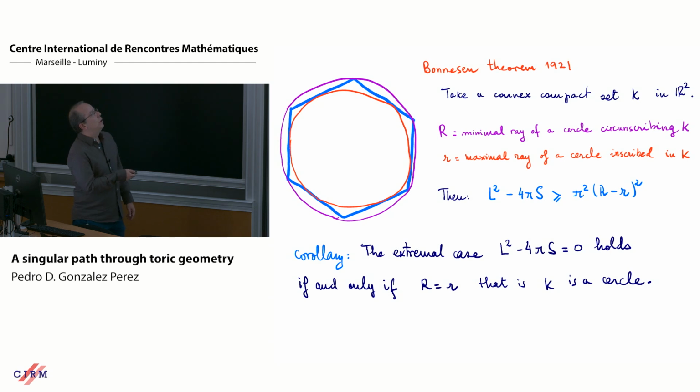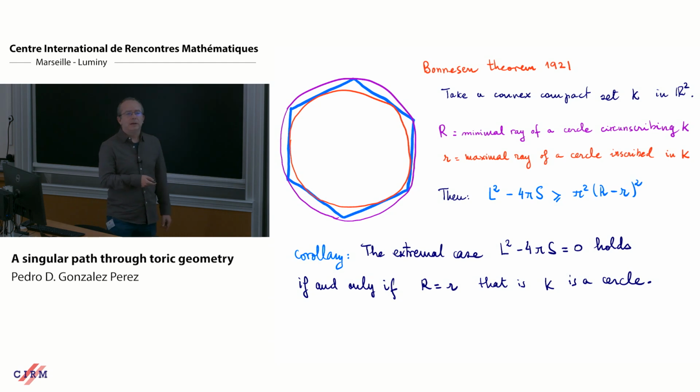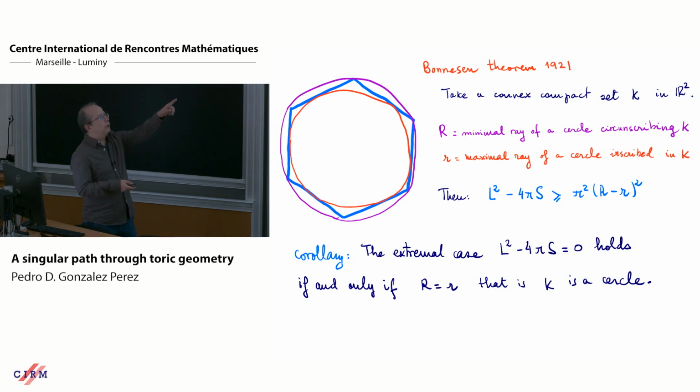We have this theorem of Bonnesen, which tells us that if we consider this compact set K in R^2, and we consider big R the minimal radius of a circle which circumscribes the compact set, and small r the maximal radius of a circle inscribed in K, then this number, which is nothing else than the discriminant of the polynomial in two variables, should be bigger than or equal to this difference.